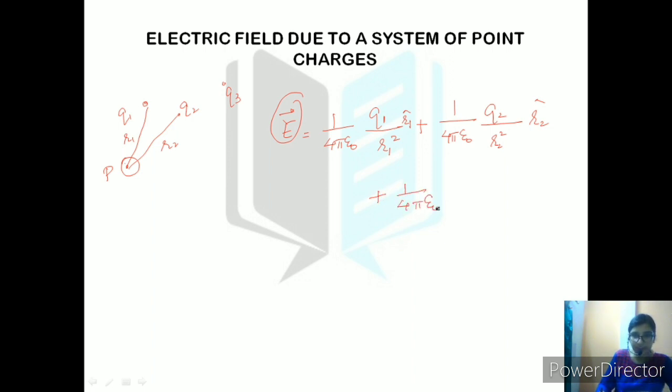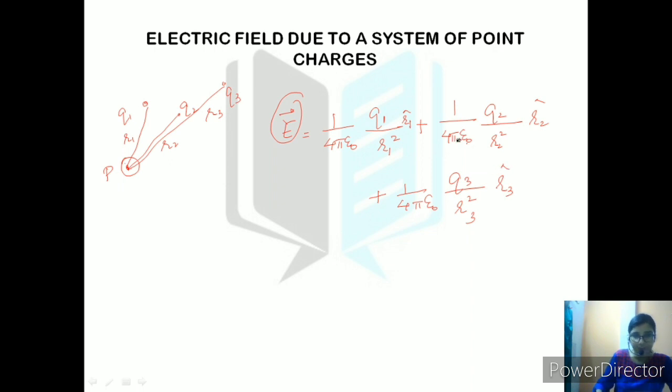That is here in the third case, the field intensity at this point due to this point charge Q3 will be Q3 by square of distance between them. That is distance of this point P from Q3, that will be suppose R3. So this is R3 square. Unit vector is R3 cap.